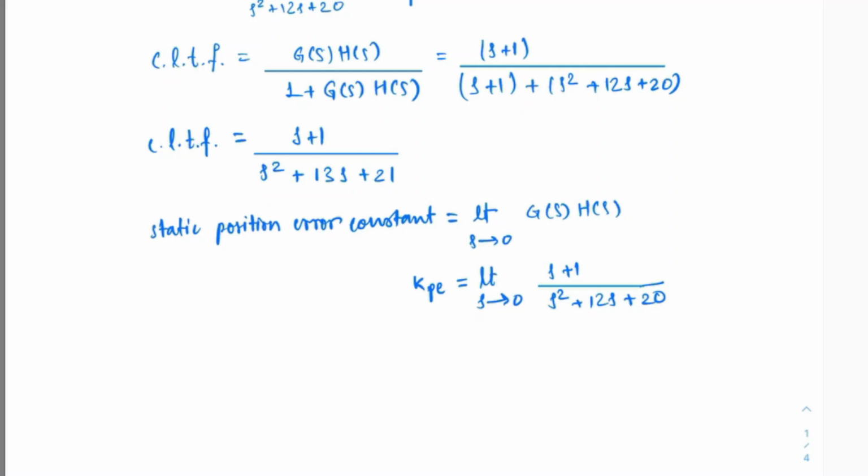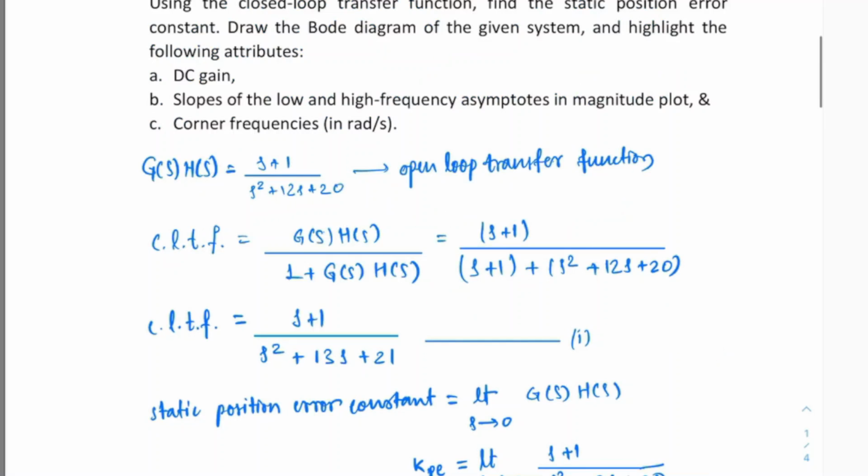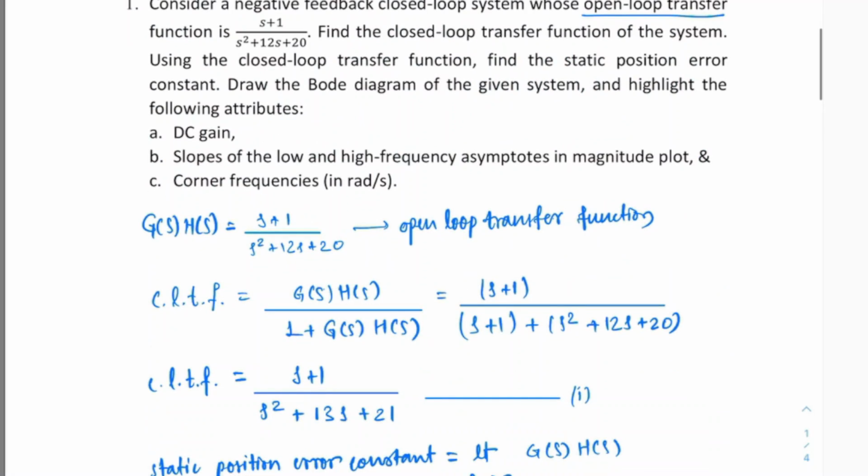As s tends to 0, the numerator becomes 1 and the denominator becomes 20. This is the first portion and this is the second part of what we have asked in the question: closed loop transfer function and static position error constant.